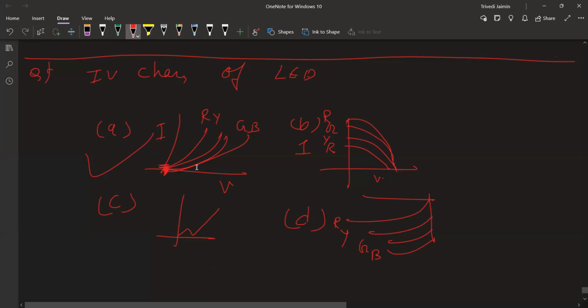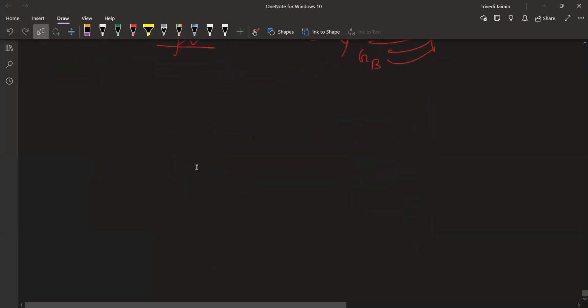So there is one network given here. Let me identify this network.